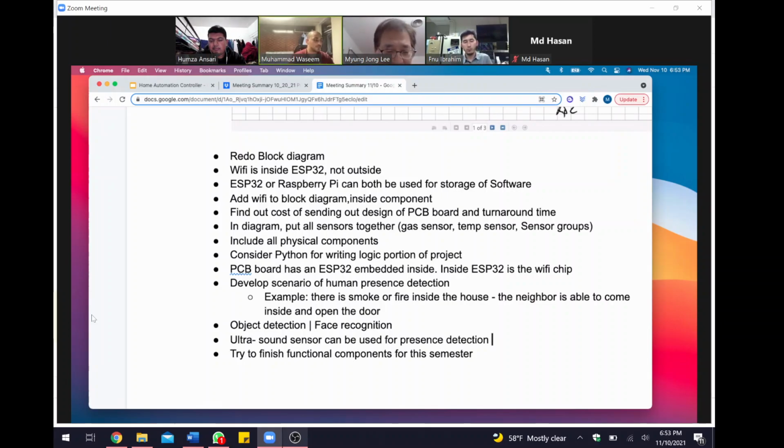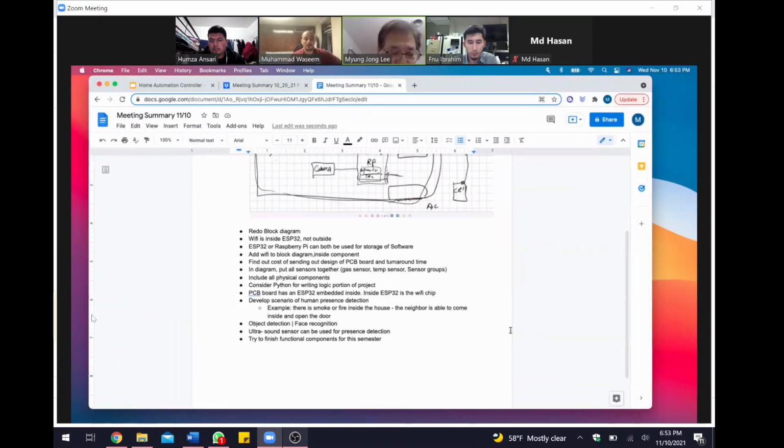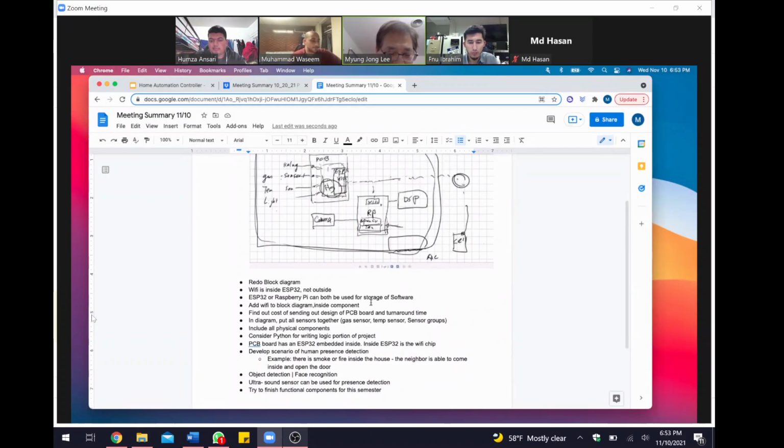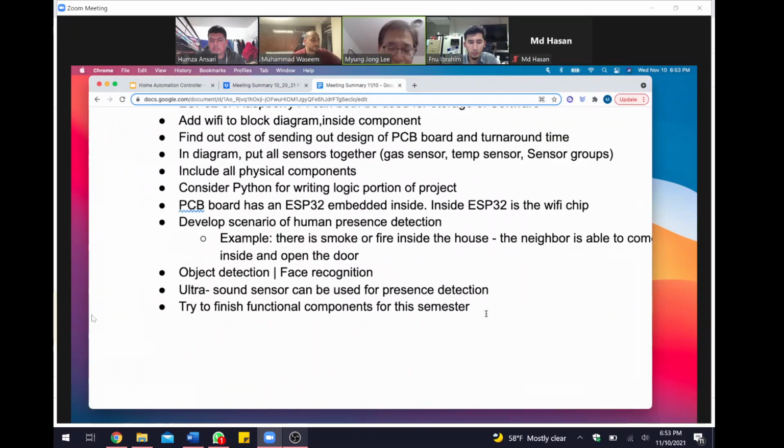In terms of what to do for next week, it's mainly just the block diagram then, right? Yeah. And then continued research. So the last bullet item. At the end, I already told you several times, it shouldn't be news to you that the goal of this semester is to build the individual functional components, right?